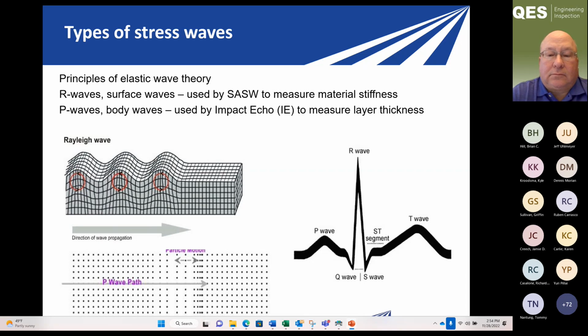The P wave, which more people are familiar with, can be a little easier to understand. That's the compression wave where the particles get closer together and then expand back apart. And that's the spherical wavefront going out in all directions down into the pavement. Next slide.